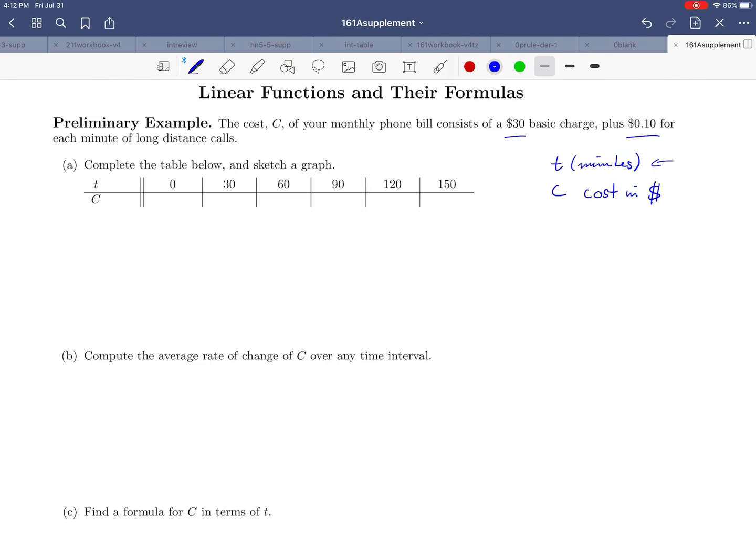So our input is time, our output is cost. T is measured in minutes, cost is measured in dollars.